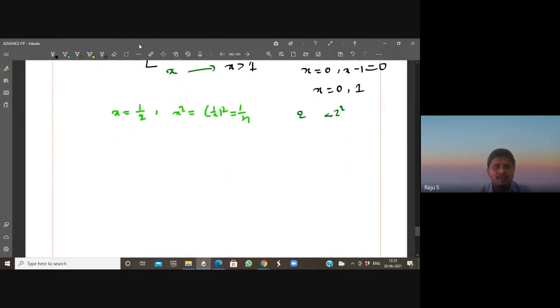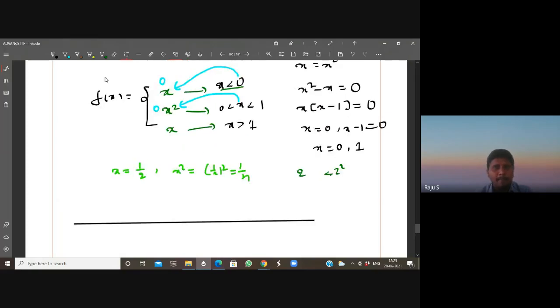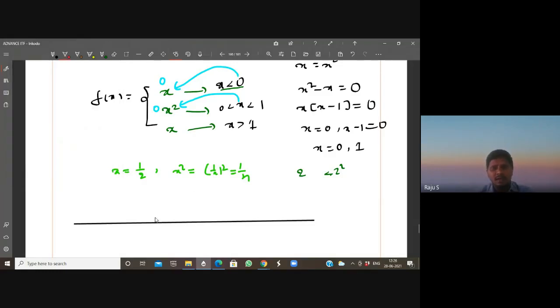So actually the answer is what? Is it continuous everywhere? No need to draw the real line, but to understand, I'm going to draw it. Here we got two particular values, 0 and 1.